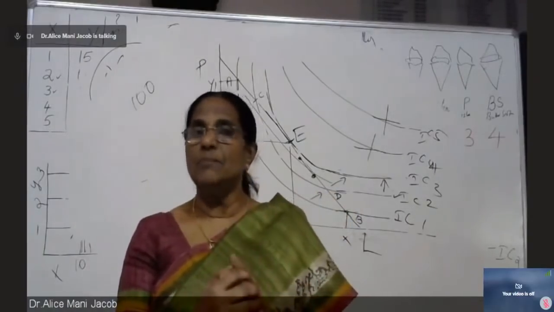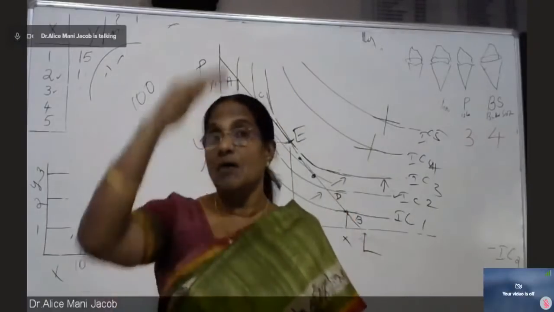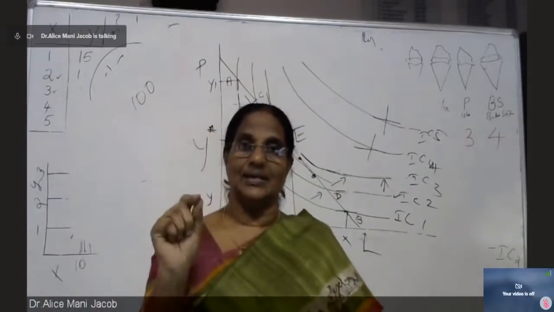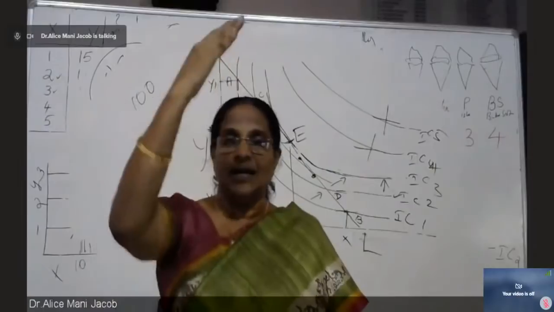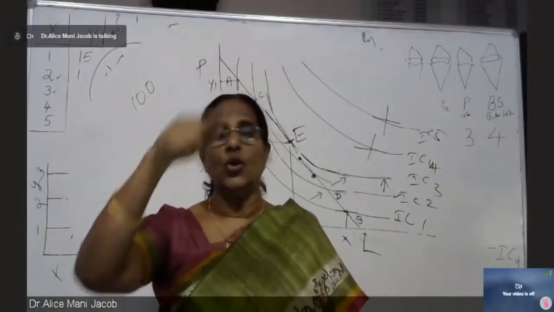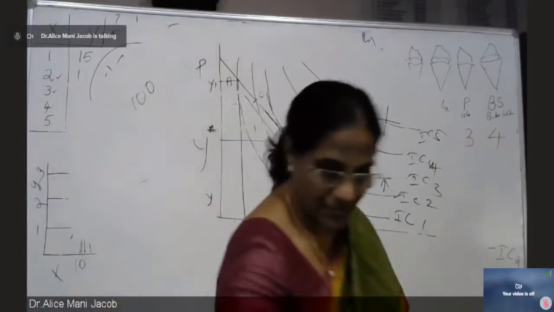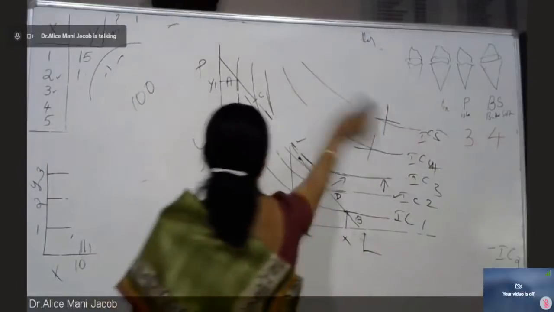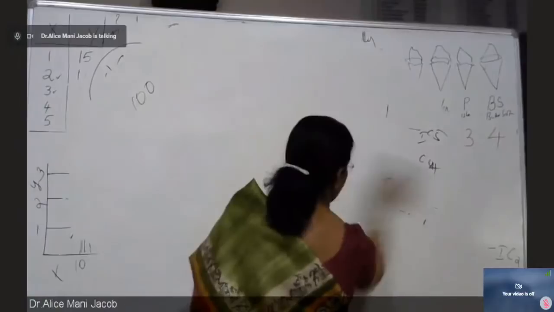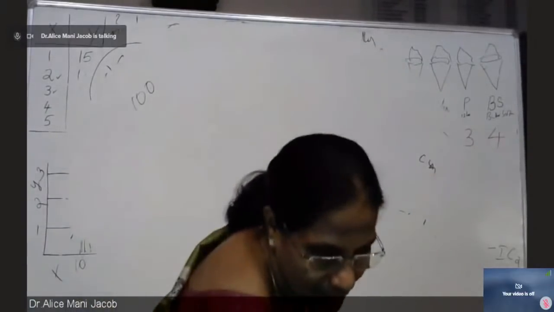Now let us see what is this equilibrium point. At this equilibrium point you find our indifference curve is tangent. What is the meaning of tangent? It is touching the price line. When two curves are tangent, their slopes are the same. Simple mathematics, isn't it? When two curves are intersecting, their values are the same. When two curves are tangent, their slopes are the same.